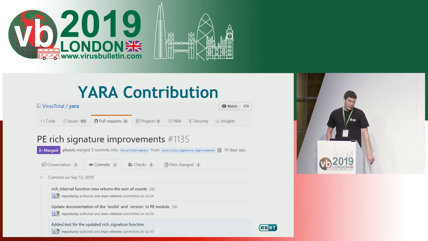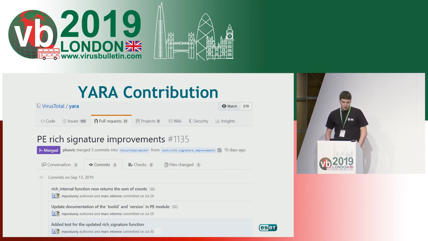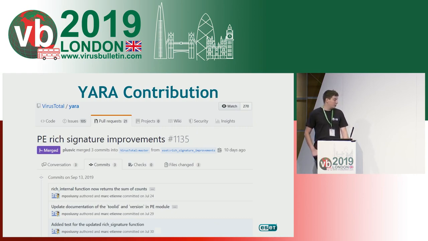And last but not least, we also contributed to the original YARA project by Aristotle, since their implementation of the rich header lookup was not complete. So we extended it, and now we feel it's equivalent to our SQL rules, that it supports complete rich header lookup.